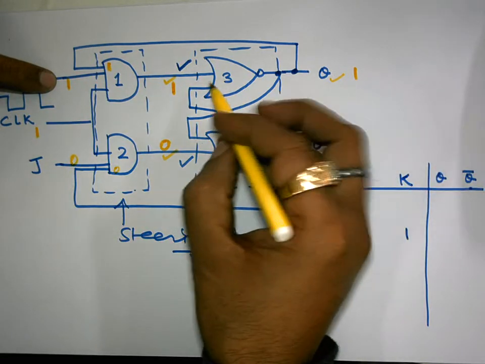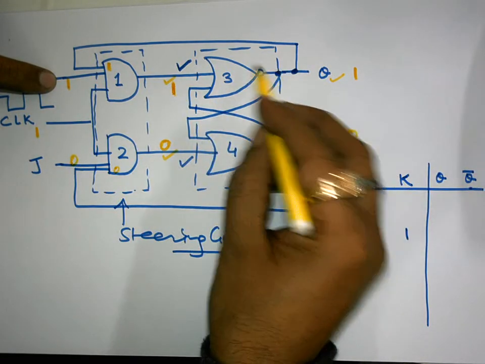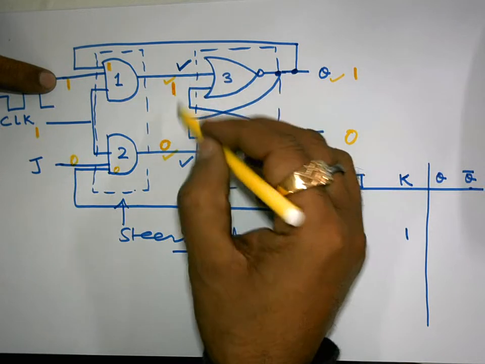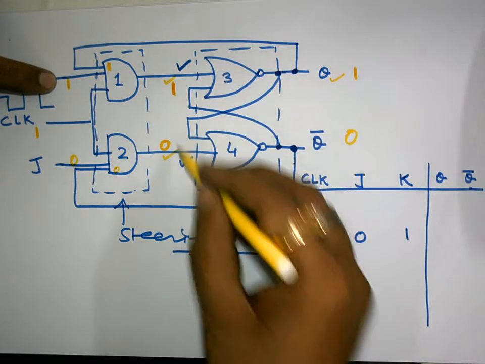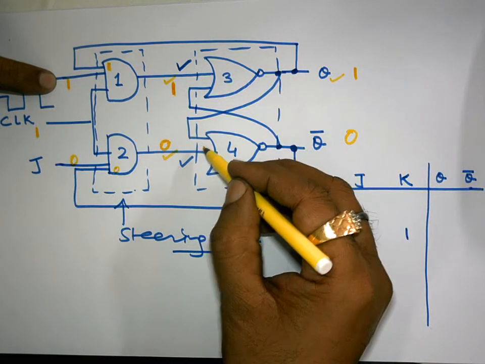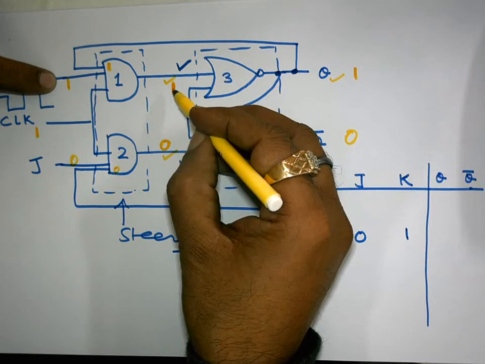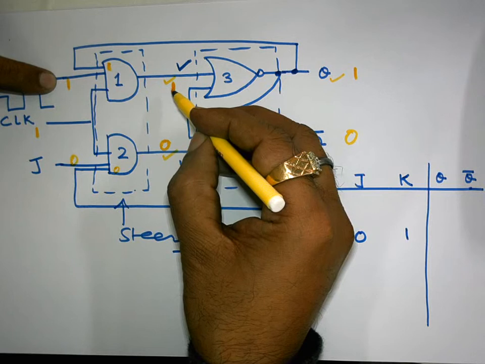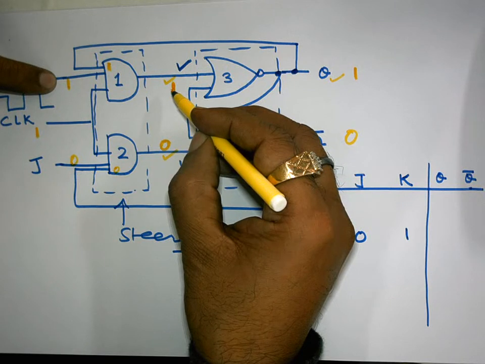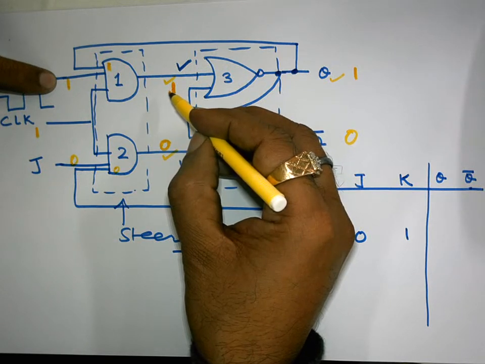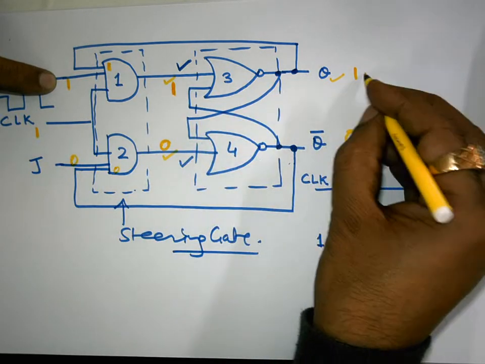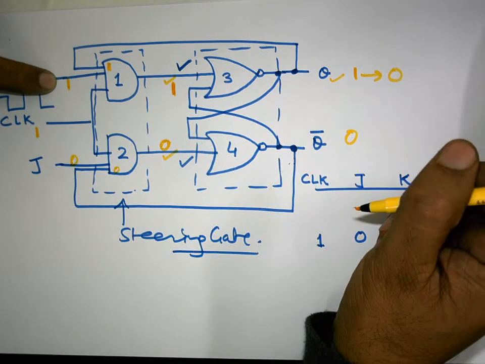Now what will happen to the output of this latch? Here only the behavior of the latch will come into play. Look at the behavior of the NOR gate. If 1 is applied at one of the inputs of a NOR gate, the output definitely becomes equal to 0.